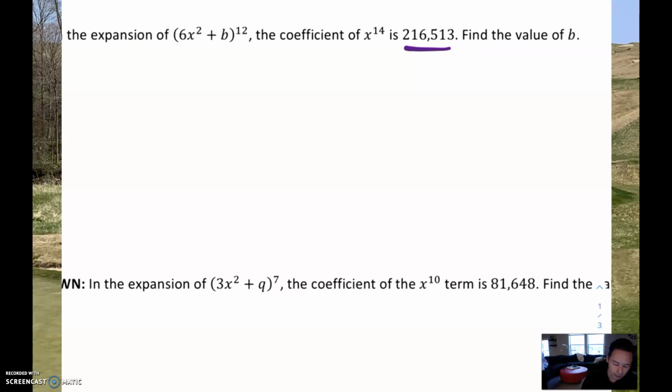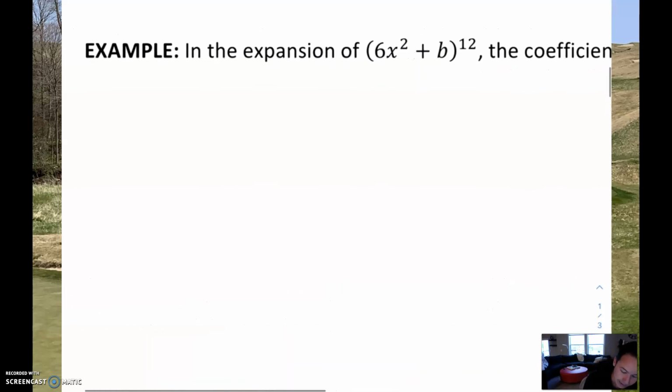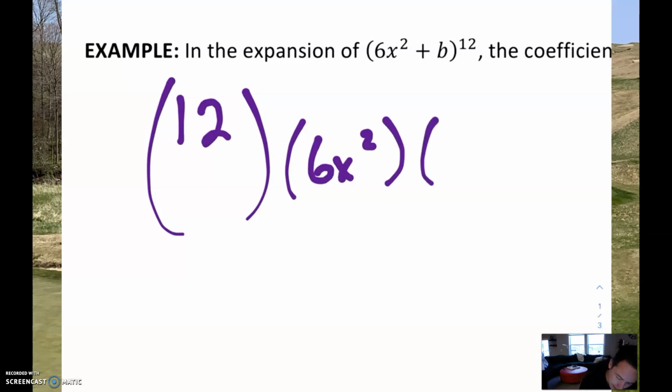Again, we're going to go through the same process where we set it up with the information we know. Since this exponent is a 12, we're going to start with 12 up here, and I'm going to leave this blank. Then this is going to be 6x squared, which will be raised to some exponent we don't know yet. And then this is going to be b, which is also raised to some exponent we don't know yet.